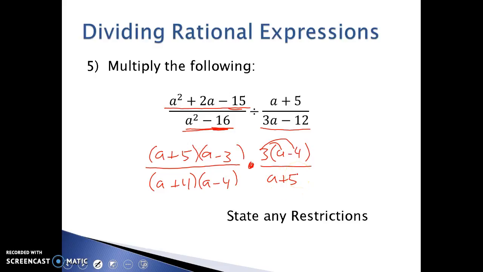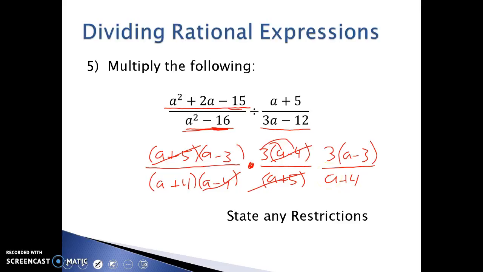So now I want to see if there's anything that cancels out before I multiply all these things together. The a plus 5 cancel each other out. The a minus 4, those cancel each other out. And what I'm left with is 3 times a minus 3 in the numerator. And the denominator is simply going to be a plus 4.